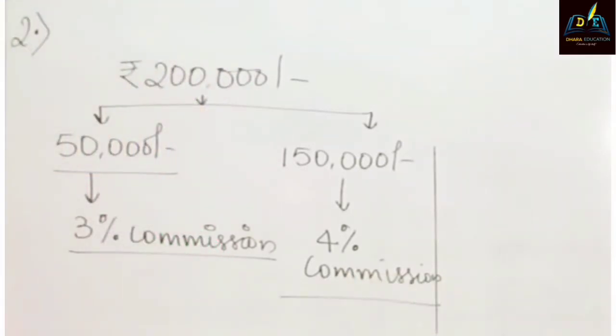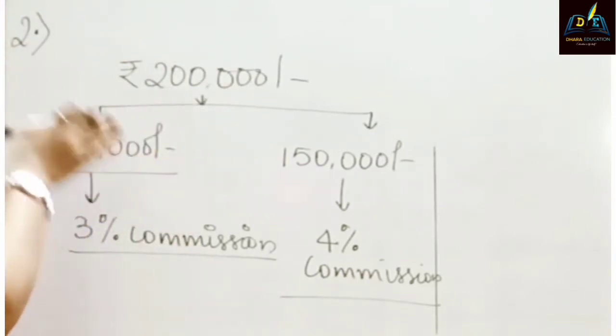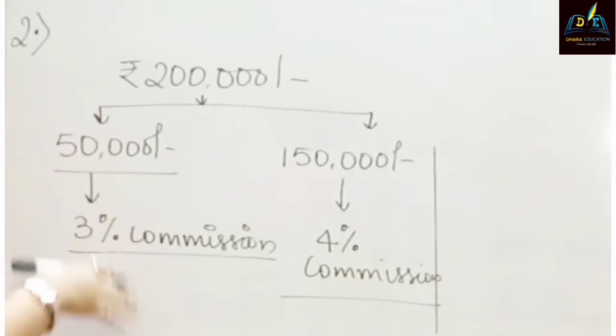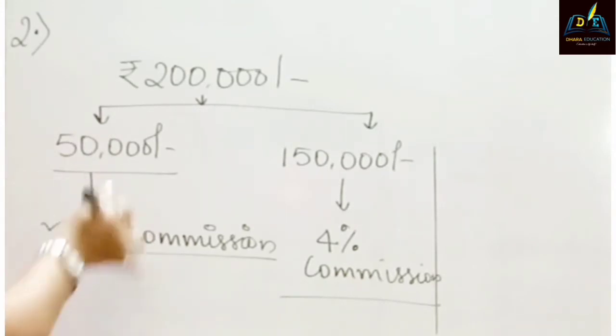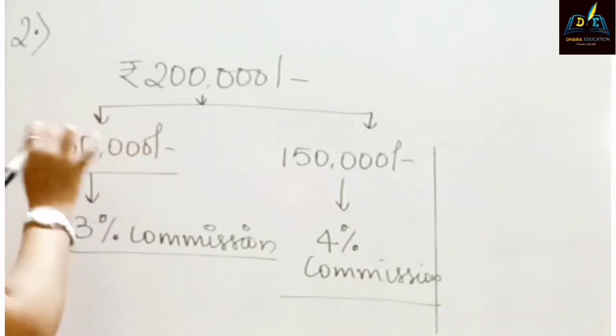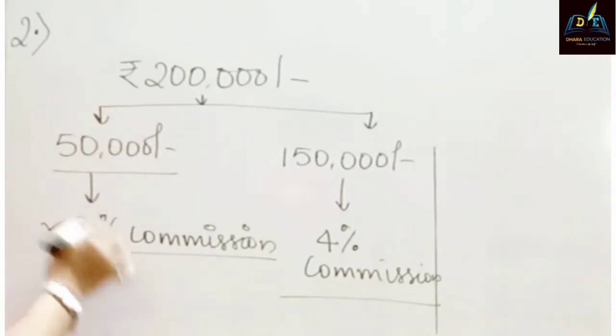So I just want to explain that the total sale was 2 lakh. Out of that, for the first 50,000 he gets 3%. He has already done his sales till 50,000, that's why he is eligible for 3% commission.